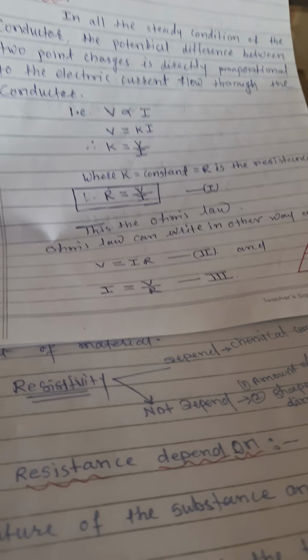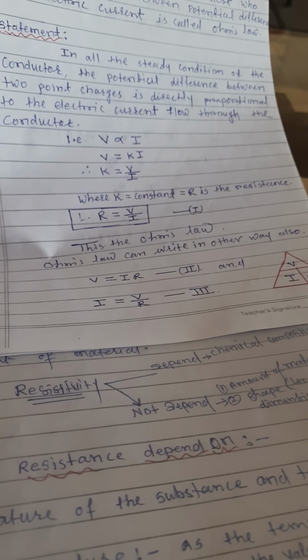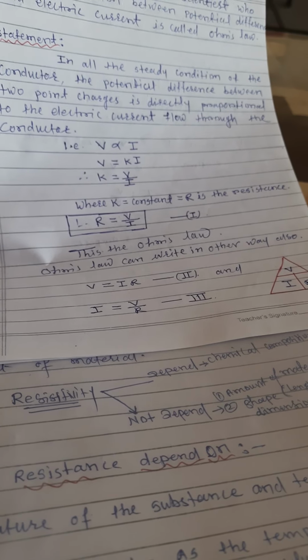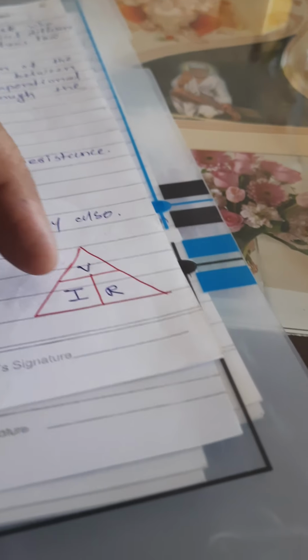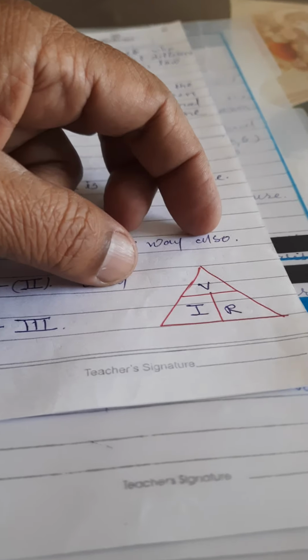Ohm's law we can write in three ways: R is equal to V upon I, V is equal to IR, and I is equal to V upon R. So we can write three forms, or there is one triangle. In the triangle there are three parts. The upper part is the voltage, and the lower parts are the current and resistance.